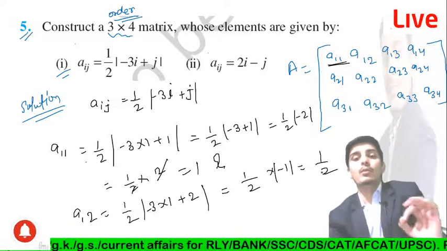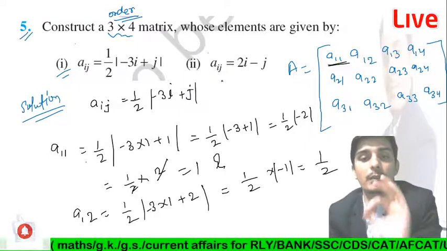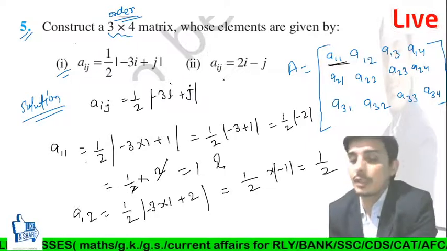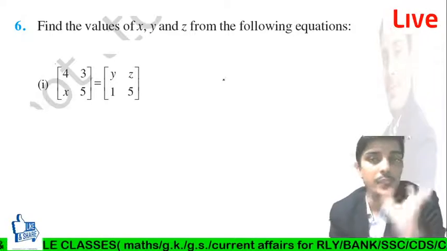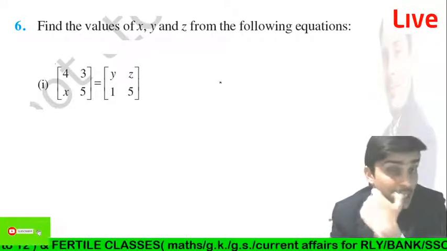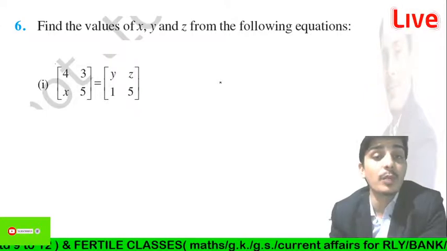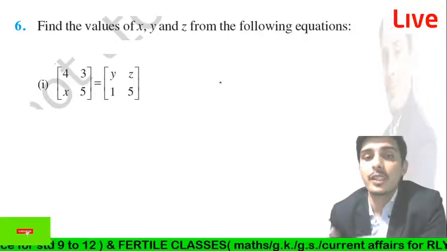Similarly, you can find all the remaining terms A13, A14, and the second question you can solve very easily, guys. Now I am going to solve question number 6, right? I hope you are understanding very well. Question number 6 is: find the value of x, y and z from the following equation, guys.